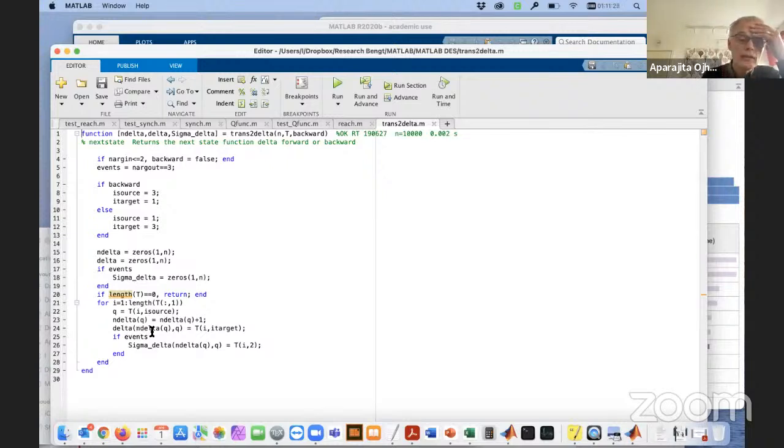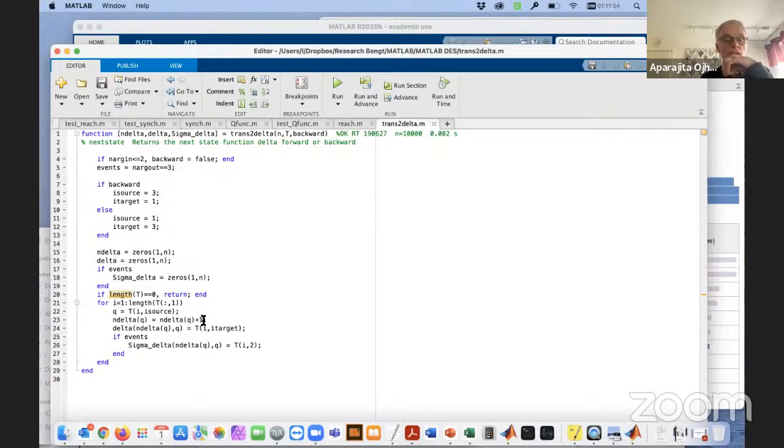And then the delta function, in this case, you would like to add 1 element, and you take the last one, say that N delta is now 3. It means that you have 3 target states, and then delta on the third row, and state Q, is the target state.